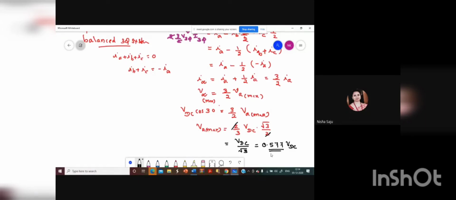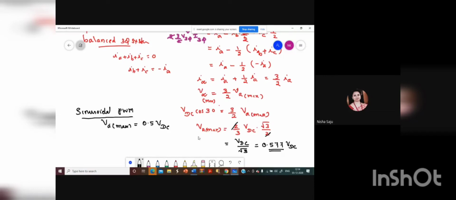But in the case of sinusoidal pulse width modulation, you will be getting just half, that is VA max equal to 0.5 VDC. So here you have to prove how you are getting this 0.577 VDC. So VA max, in the case of sinusoidal pulse width modulation, is only 0.5 VDC.